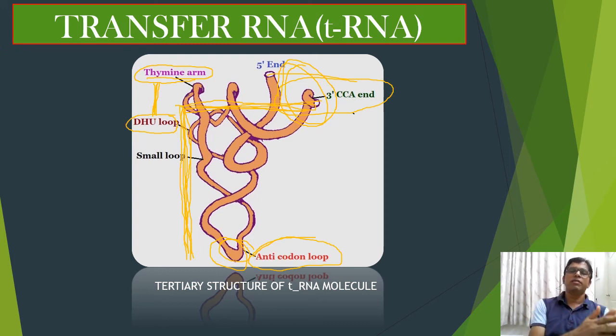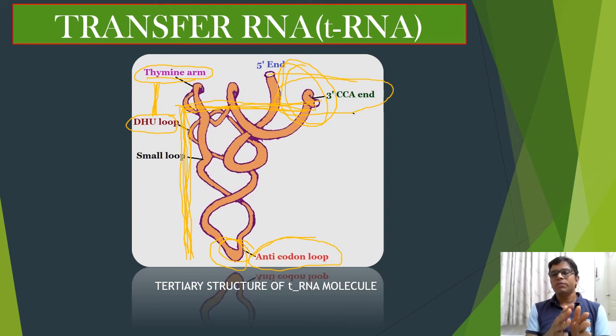The L-shaped tertiary structure is the functional one, so acquiring it is very important and critical for their function. The secondary structure, that is the cloverleaf model, is not the functional one.